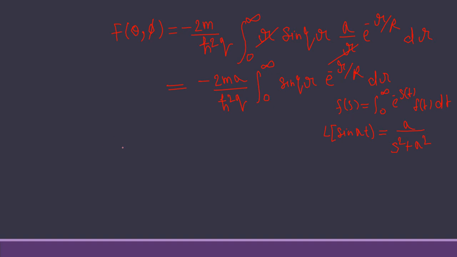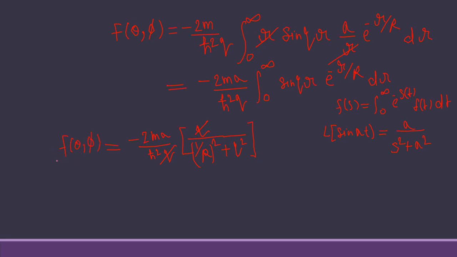So now put the values. What you will get, minus 2ma upon h cross square q, and here you will get q upon (1 upon R) whole square plus q square. Okay, so q will cancel out, and this is only f(theta, phi).